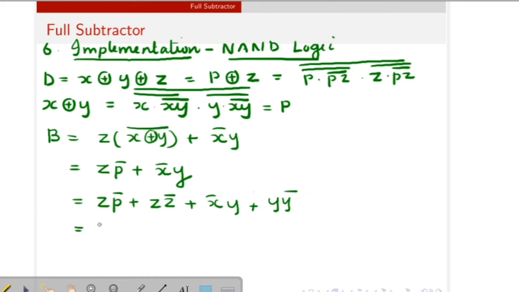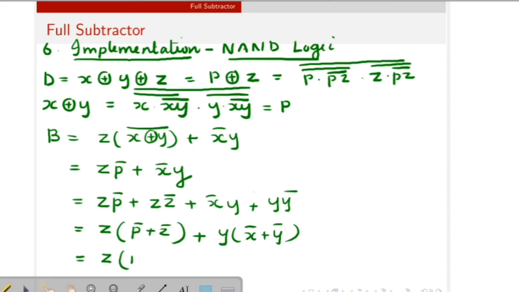Then apply distributive law, that is Z into (P bar plus Z bar) plus Y into (X bar plus Y bar). So we can write it as Z into, here apply De Morgan's, (PZ) bar plus Y into (XY) bar. Here also apply De Morgan's law.